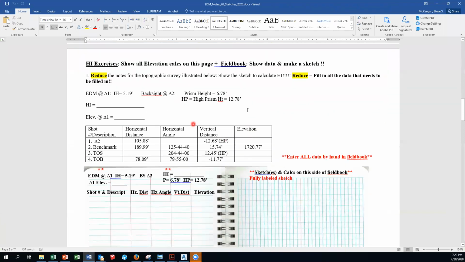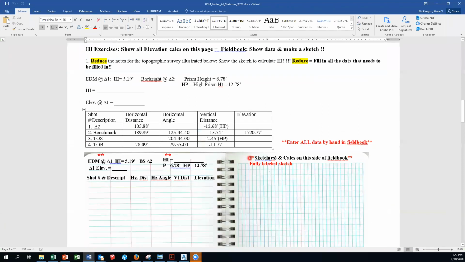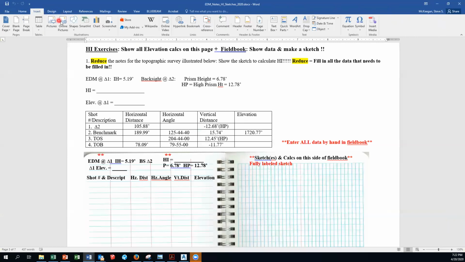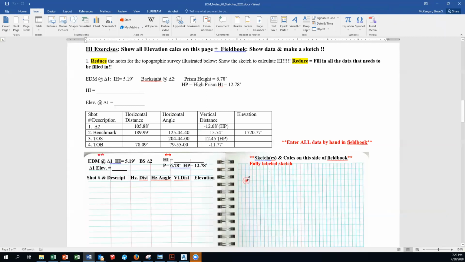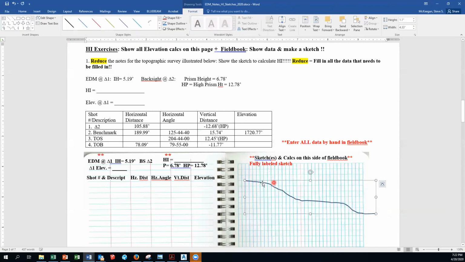This is the one where you had to put all of this information into your field book. And so this is the sketch that we made. And then we said that our instrument was right here.